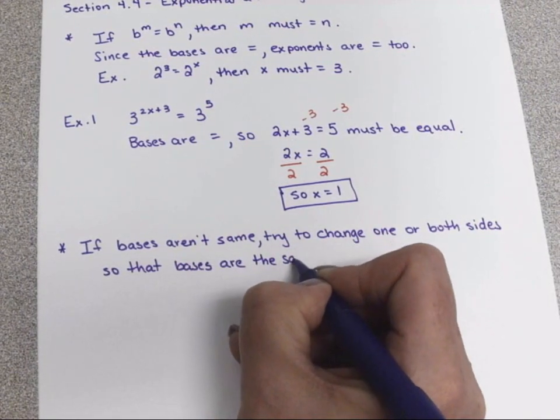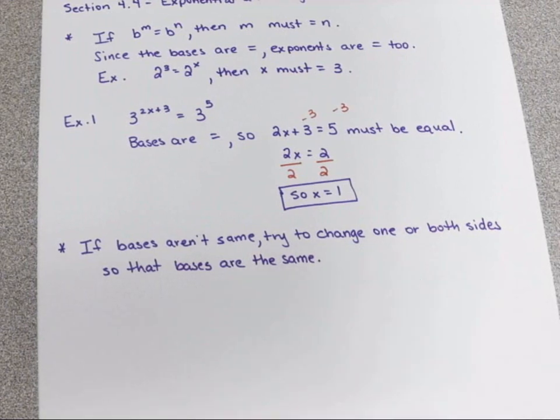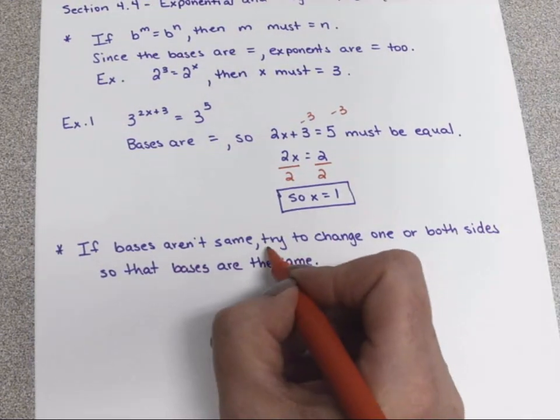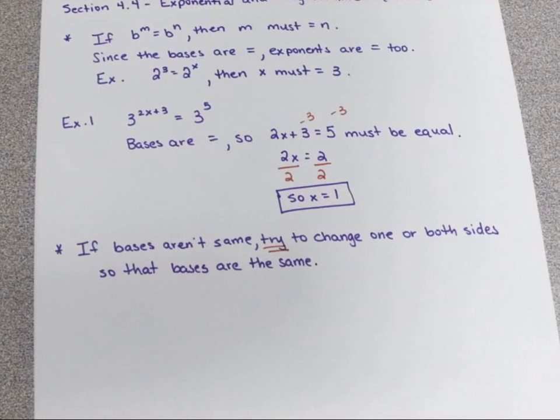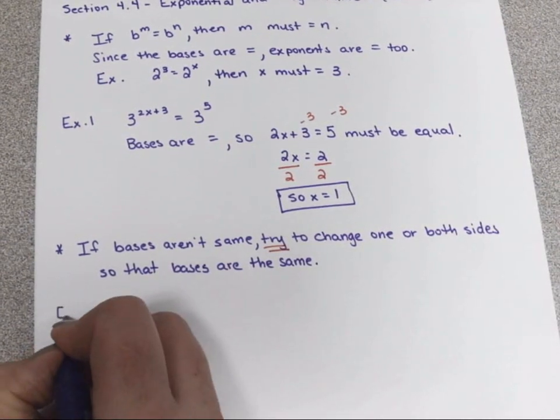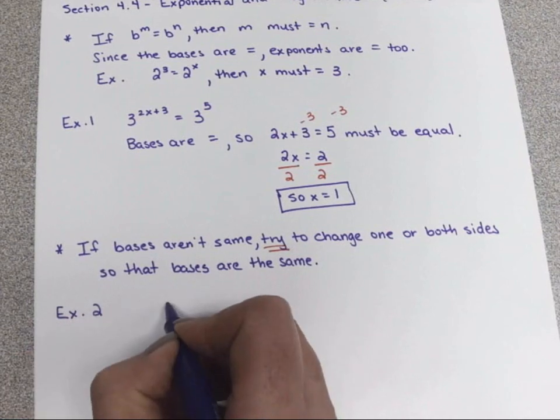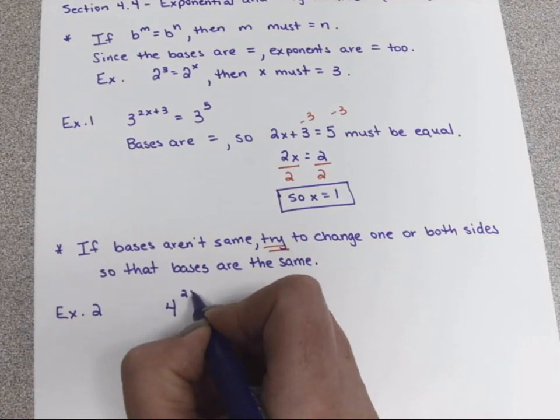And in order to do this, you're going to have to know your rules for exponents pretty well, okay? But I'm going to underline this word try because, just to be honest, it's only going to work with really specific kinds of questions. So just know that we're going to go with this method when we can, but it's not always going to work. So let's take one like this.